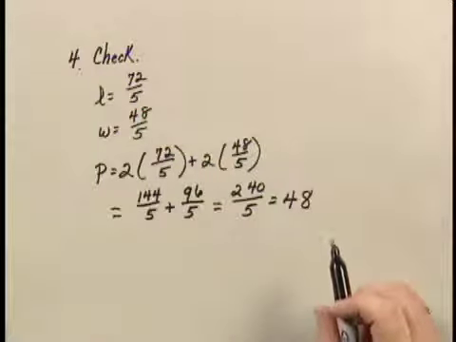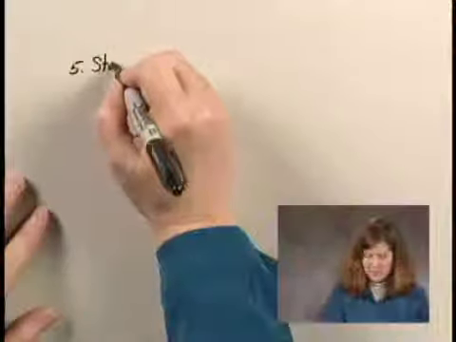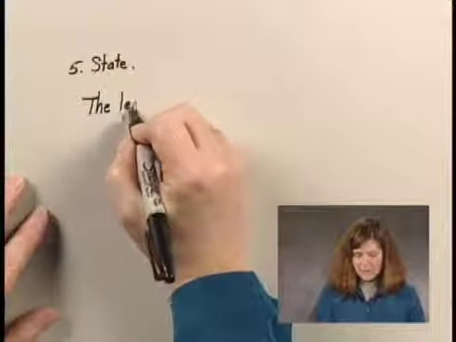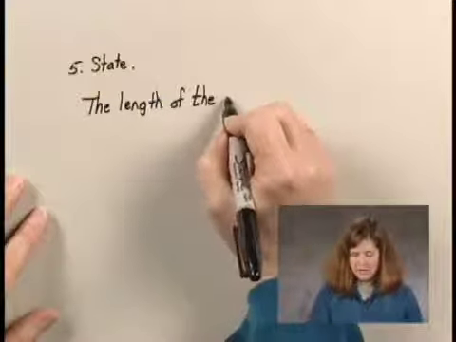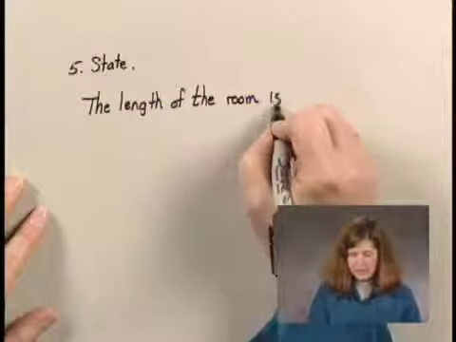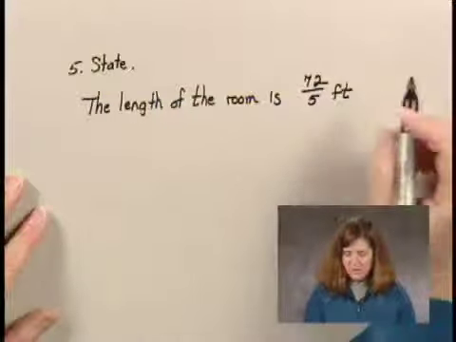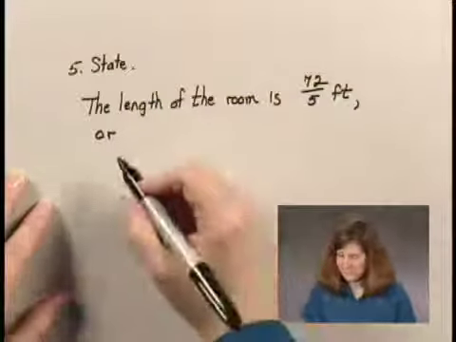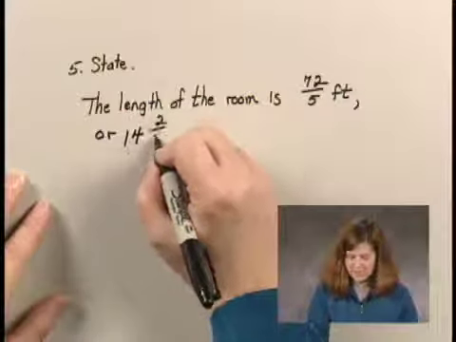So when we go to state the answer, we would say the length of the room is 72/5 feet, or more practically, writing that as a mixed numeral, that is 14 2/5 feet.